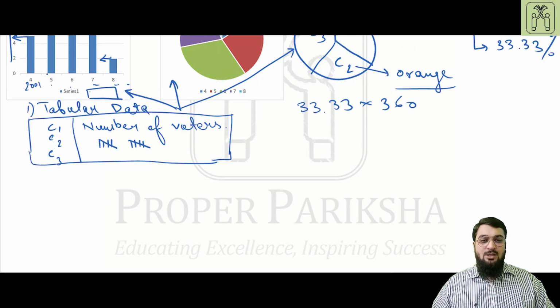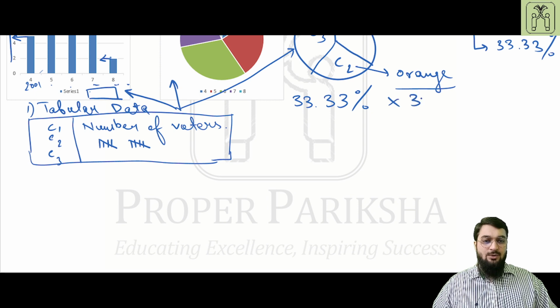So 33.33 percent will be multiplied with 360 degrees. This percentage will be removed by dividing by 100, and after that we will have an answer of approximately 120 degrees.